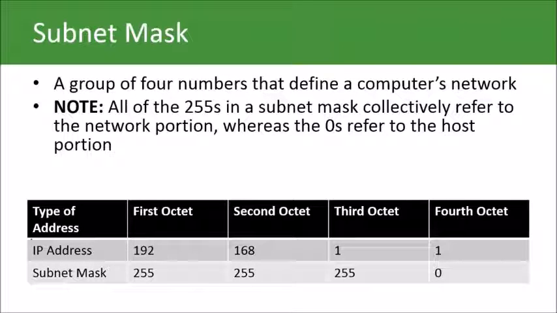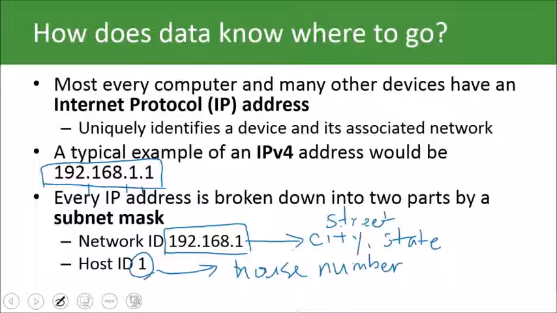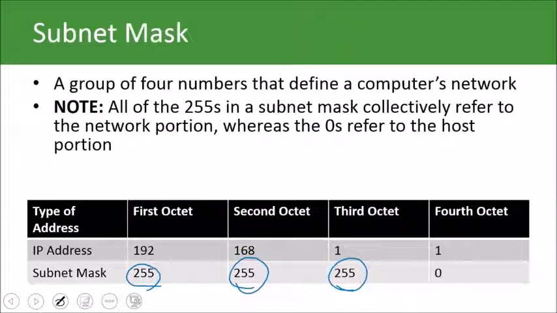A subnet mask is just a group of 4 numbers that define a computer's network. If you look down here, 255s represent the network portion of an address, so 192, 168, and 1, just like in the example we just saw. And then a 0 represents the host portion.